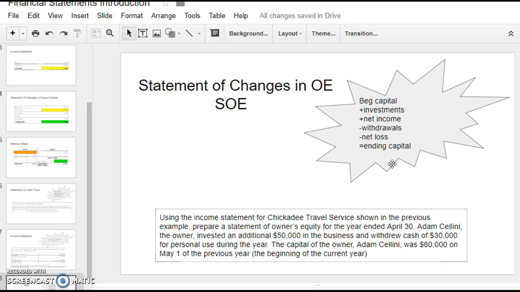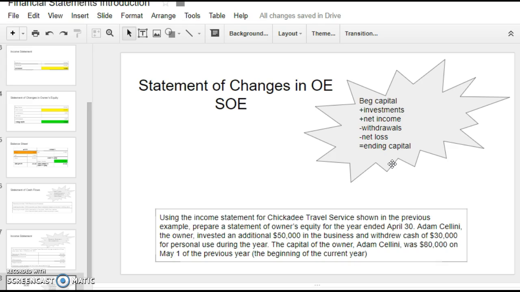So, using the income statement for Chickadee Travel Service shown in the previous example, prepare a statement of owner's equity for the year ended April 30th. Adam, the owner, invested an additional $50,000 in the business.